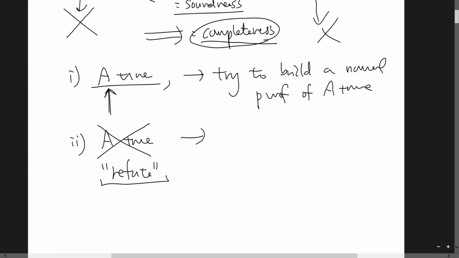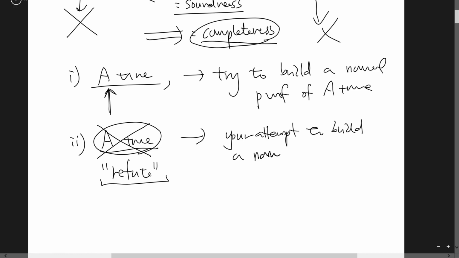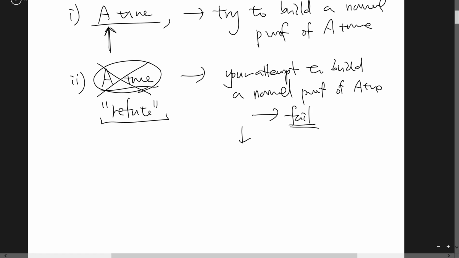So if A true is never provable, then your attempt to build a normal proof of A true should fail as well.